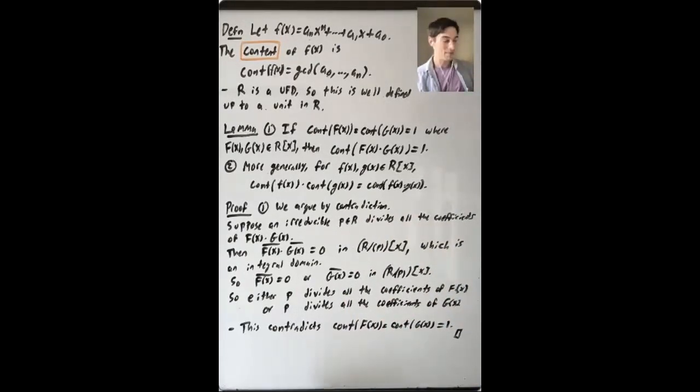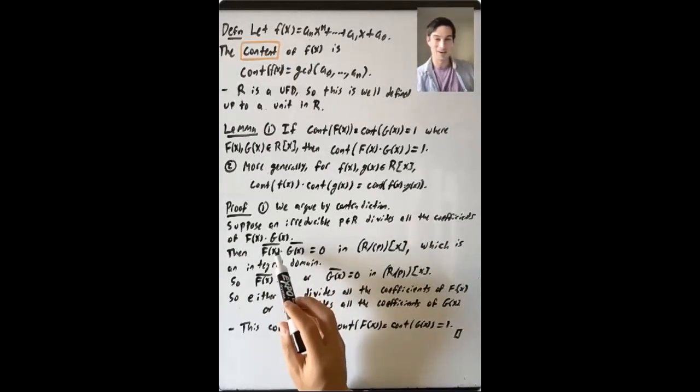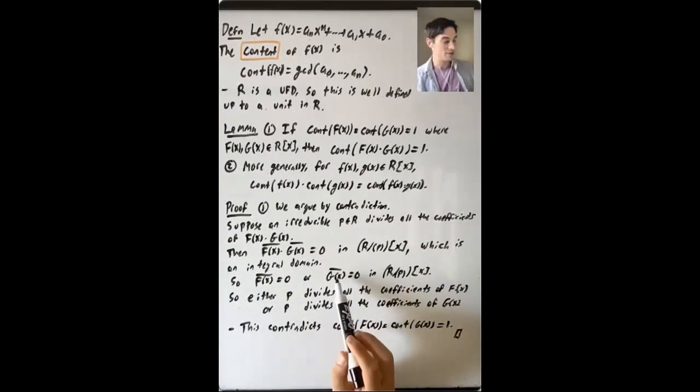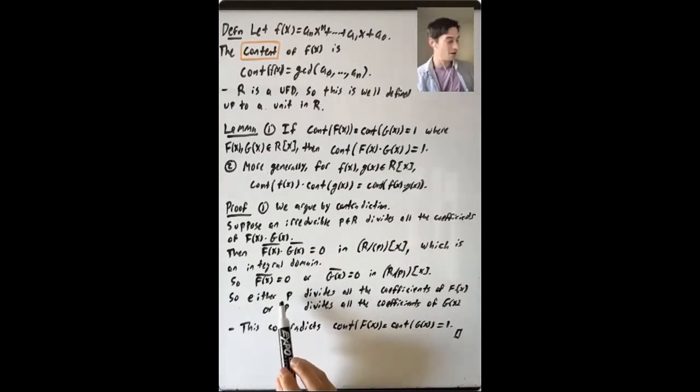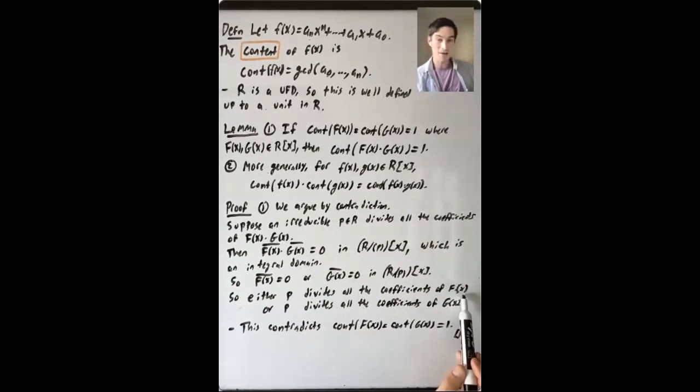Okay, so what does that mean? That means that either the image of capital F or the image of capital G is 0 in this ring. And what does that mean? That means either p divides all of the coefficients of f or p divides all of the coefficients of g. This is just like what we saw in the proof of Gauss's lemma.